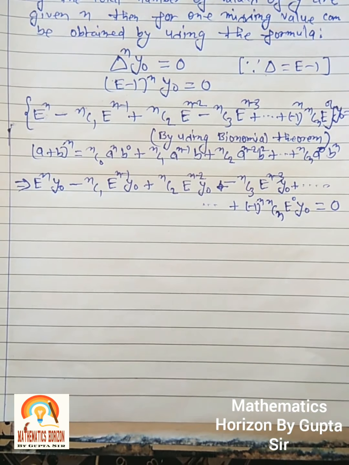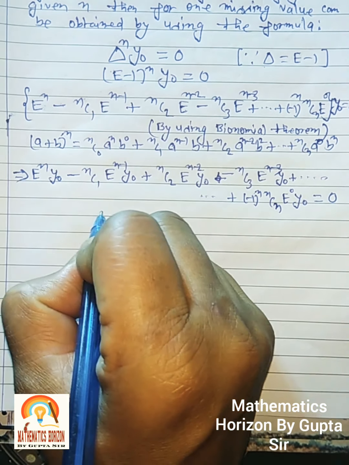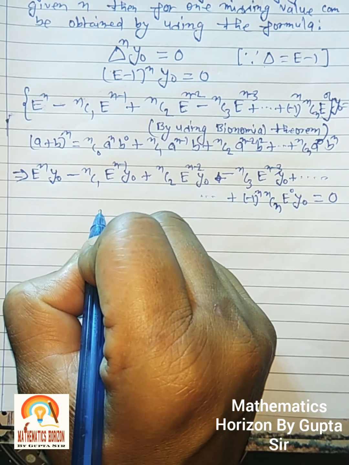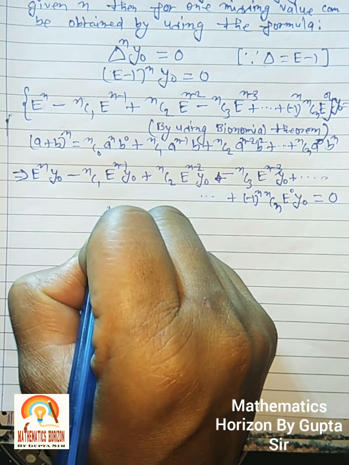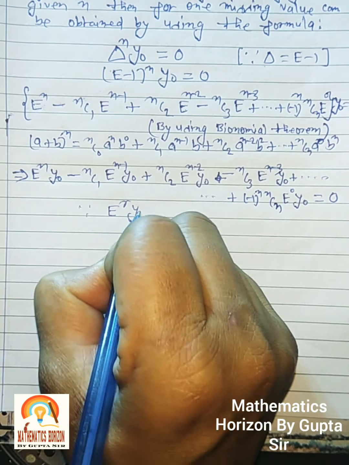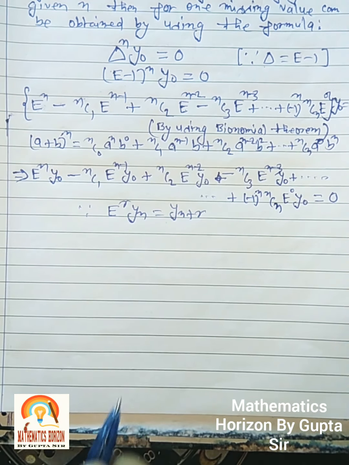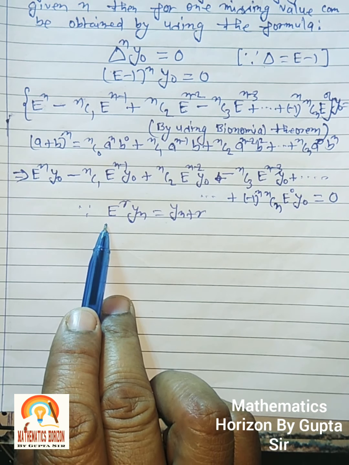And we know that by the shift operator property, E to the power r yn is equal to y(n plus r), where E is the shift operator.